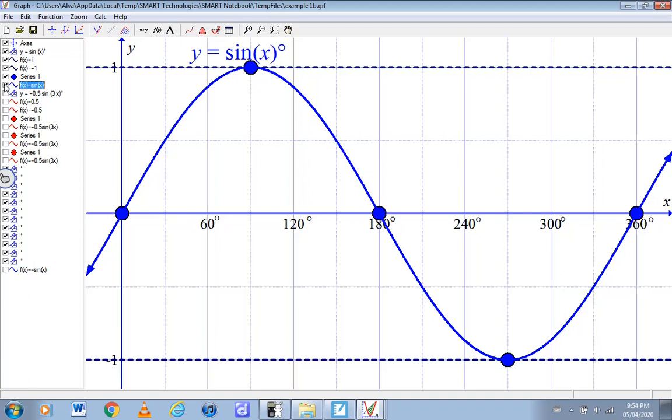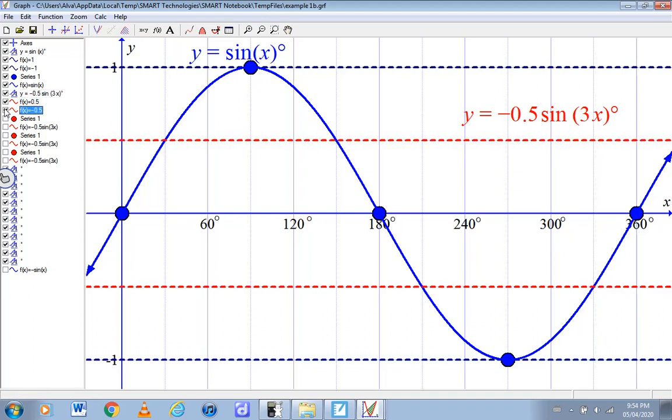It goes up and down between 1 and -1. And by the way, this I put in degrees because the function has a degree symbol on it. So if I'm interested in the graph of this, -0.5 sine of 3x, well, things are going to be stretched vertically by 0.5, which means the maximum and minimum will be at 0.5 and -0.5.